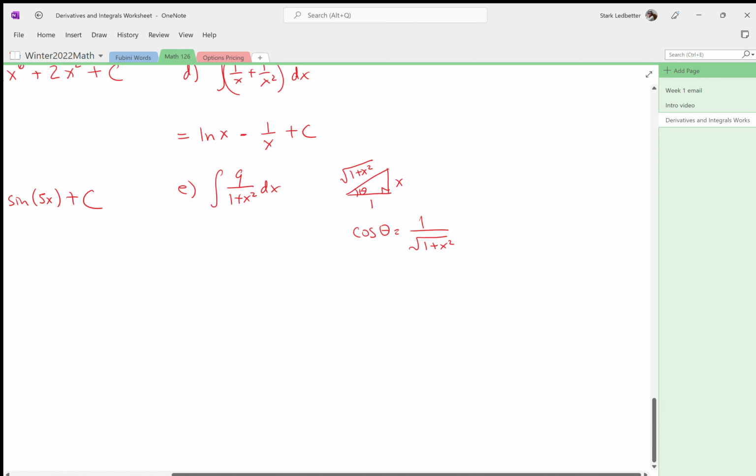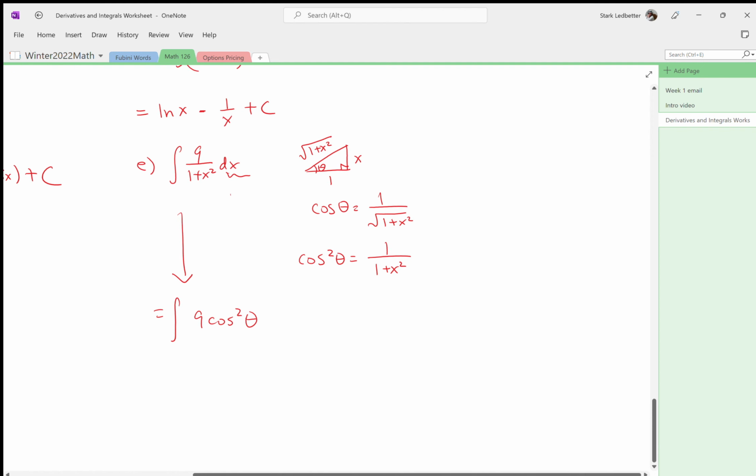And then if I square both sides, I get cosine squared theta is 1 over 1 plus x squared. Okay, so that's exactly what I have. So I can substitute this with 9 cosine squared theta. It's cosine in the numerator. And then the thing I have to substitute out is dx, though. So I make the easiest expression I can with x in it, which is tan theta.